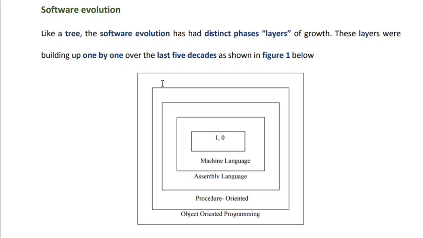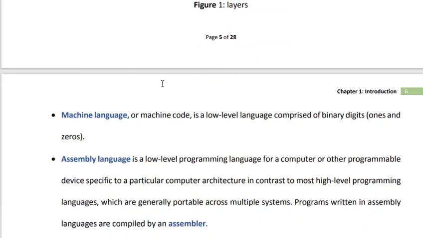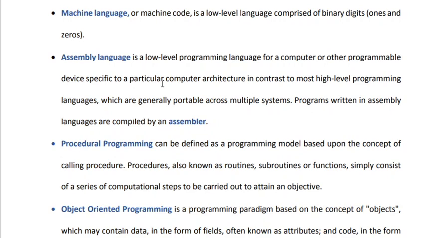Okay, so software evolution can be organized into distinct layers, where we have machine language, we have assembly level programming, we have procedure oriented programming, and then we have object oriented programming. Now, machine language is nothing but a language where the program is represented in terms of binary digits, that is zeros and ones.